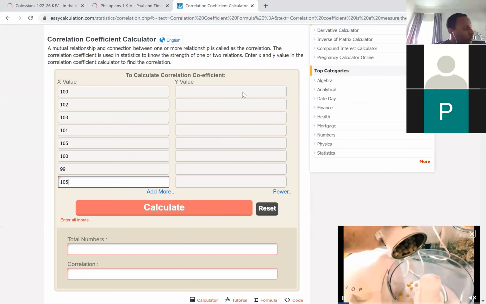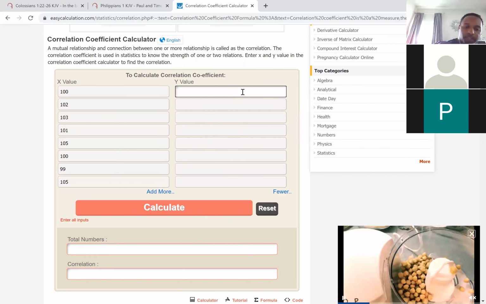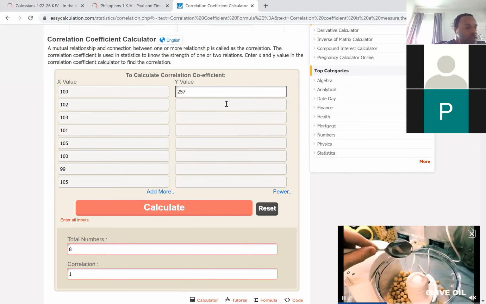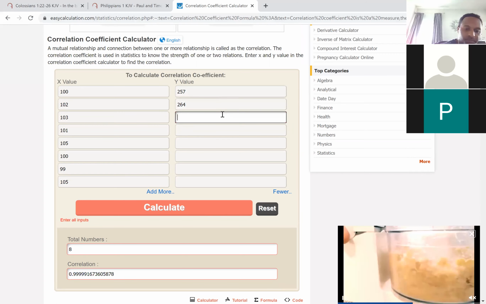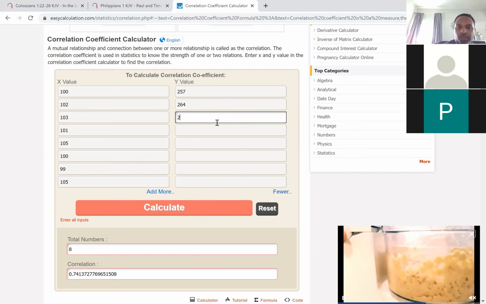All right. Then the corresponding Y values, or the distances that the ball traveled: 267, 264, 274.